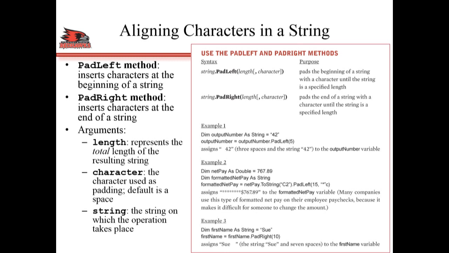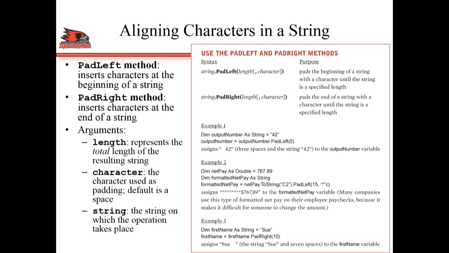If you don't have a character, it will by default insert spaces at the beginning or at the end to make the string the length you mention. So it's your string dot pad left or pad right, then your length, then the characters.